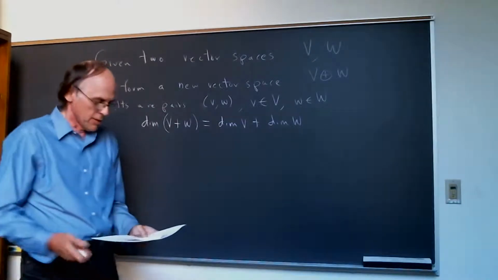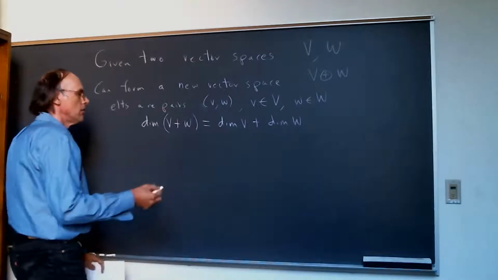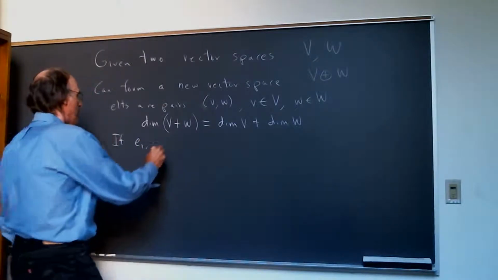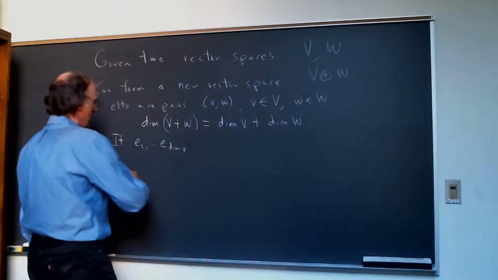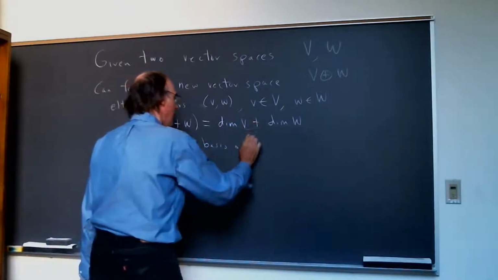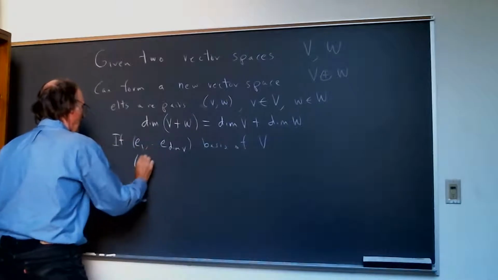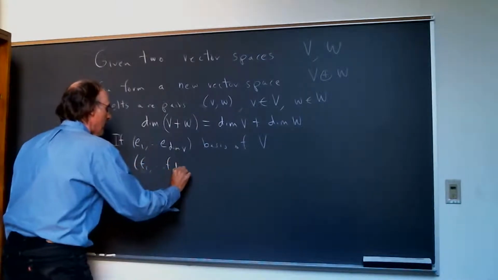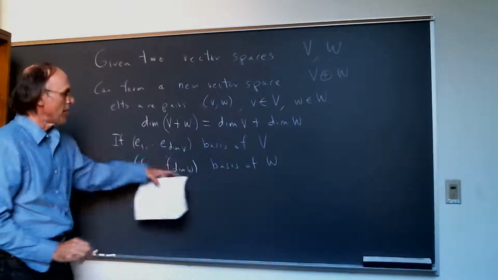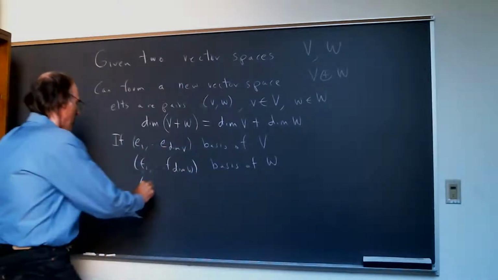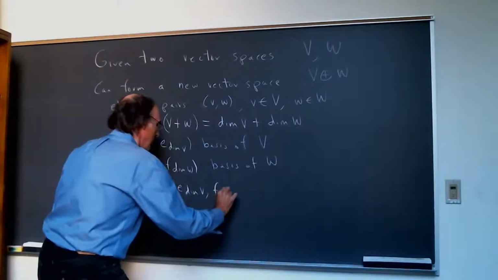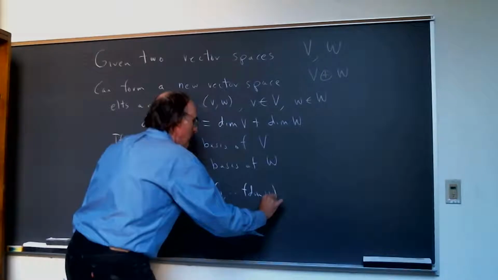And then the basis elements: if e_1 up to e_dim V is a basis of V, and f_1 up to f_dim W is a basis of W, then if you want a basis for V ⊕ W, you just put together these guys and these guys. So e_1 up to e_dim V, f_1 up to f_dim W is a basis.